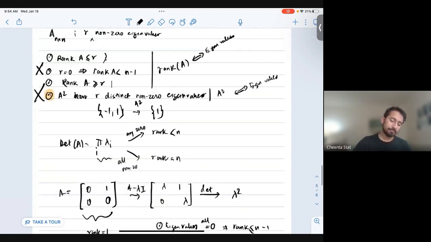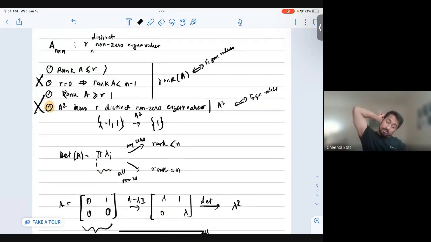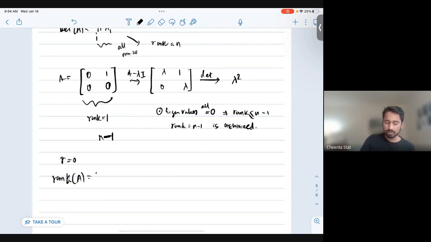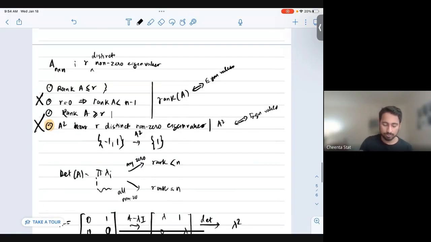Yes. So here r is equal to 0 and rank of A is equal to 1. So it's greater than or equal to 0. So therefore this is also false.